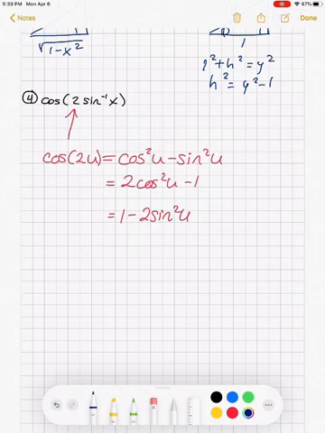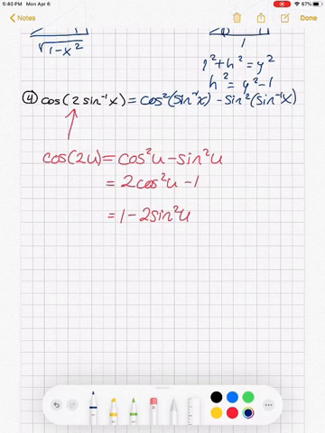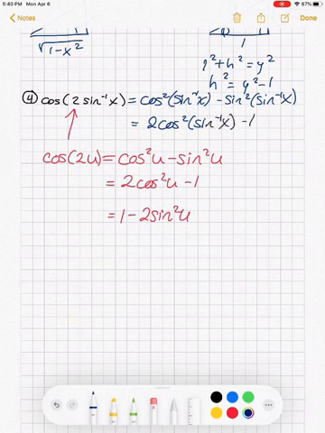So I can actually use any of those 3 formulas and I would get the correct result. So if I set this up, let's see. My options would be cosine squared of inverse sine minus sine squared of inverse sine. Or I could do 2 cosine squared inverse sine minus 1.